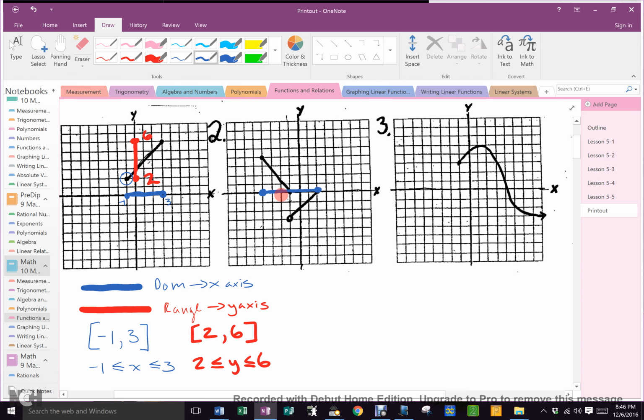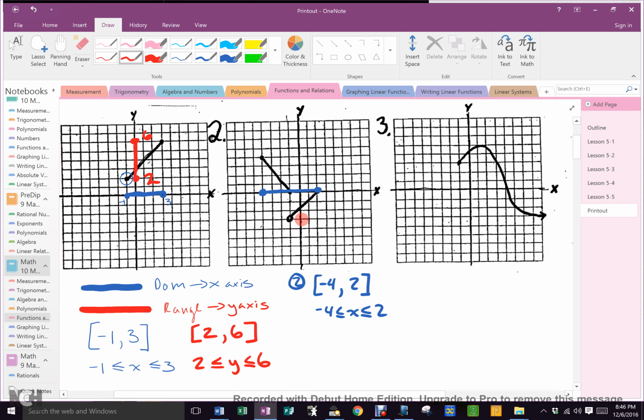Everywhere there's an x value, I have to fill it in. So this one is number 2, and it has a domain from -4 all the way up to +2. I can also write that as -4 less than or equal to x less than or equal to 2.